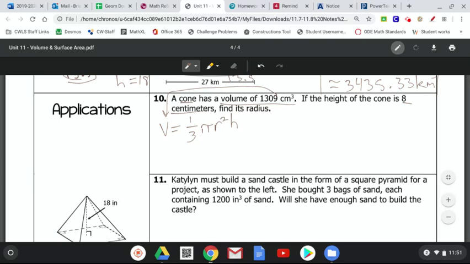Find its radius. 8 goes right in here for h, and we're going to solve for r. So to set up our equation, it's 1,309 equals 1/3 pi r squared, which we don't know because we're finding it, times the height, which is 8.